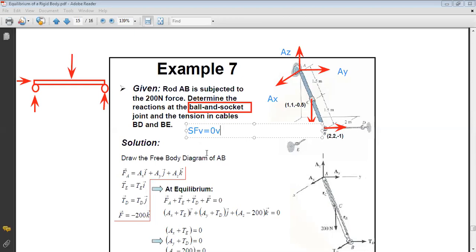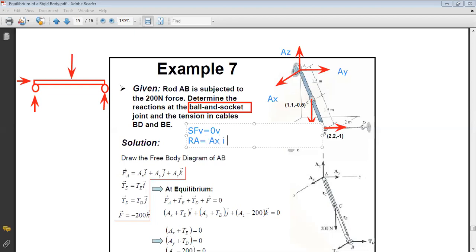As you did for equilibrium of a particle, the first step is to express all your forces in the ijk system. So to start with the resistance force at A, since it's a ball and socket joint, it has components along X, Y, and Z. I named them AX.